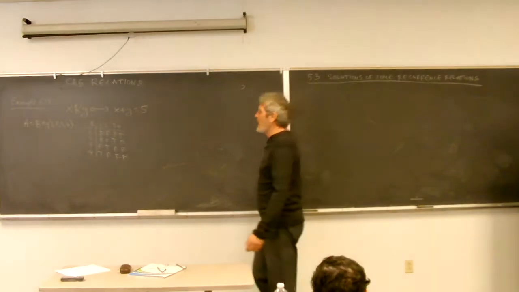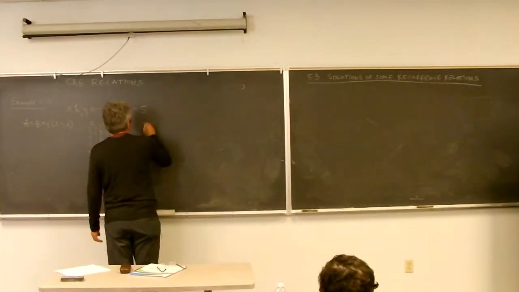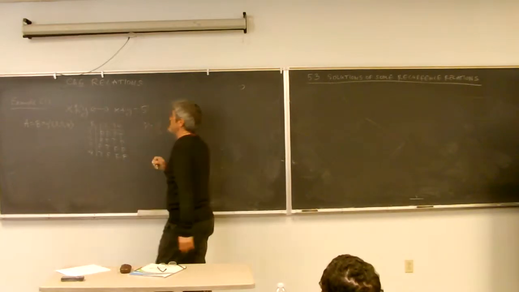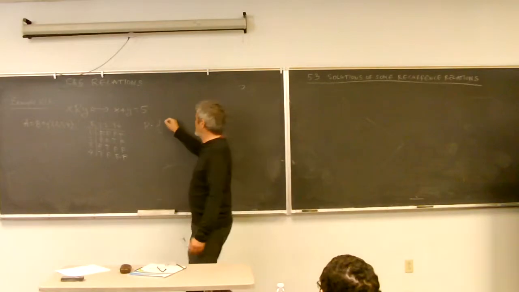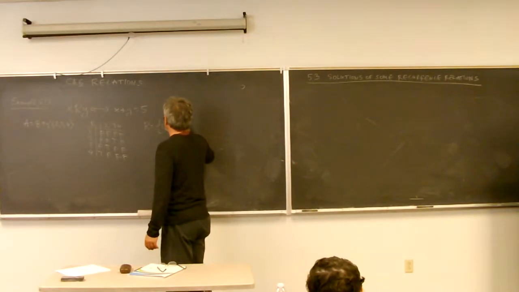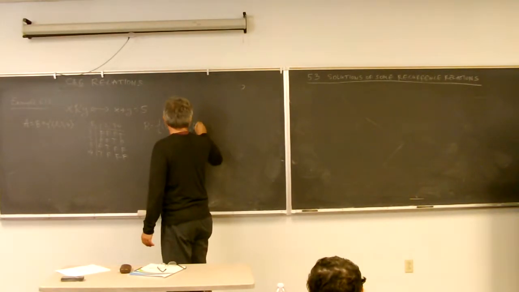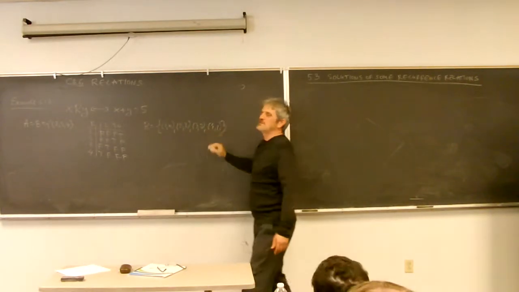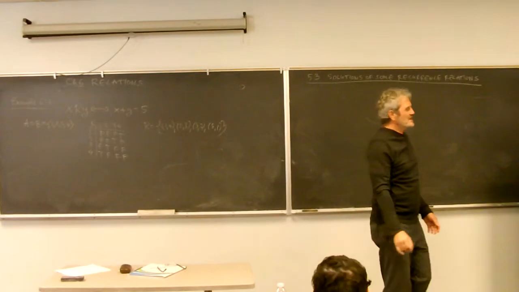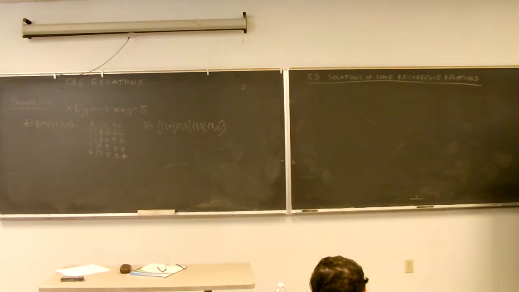Can we write R as a set of ordered pairs, yes or no? Which pairs are in there? (1,4) is the first pair, (2,3), very good, and (4,1). Here it is. So according to the definition, it's a subset of the product of set A with itself, because it's a relation on the set itself.